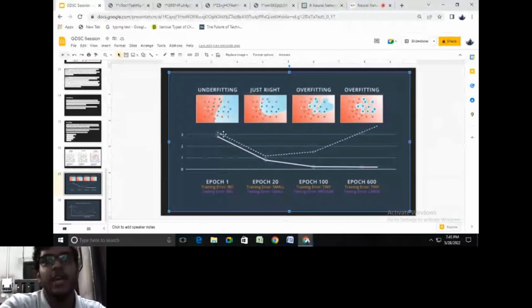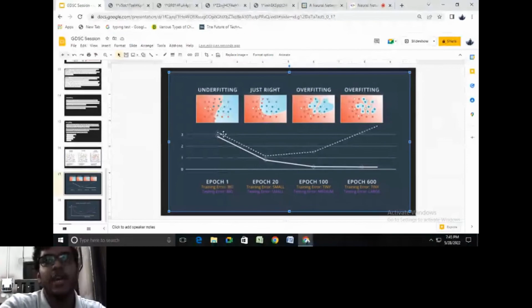This is a model complexity graph which is showing more or less the same thing. In the region with a small number of epochs, we can say that the training error and the testing error both are high.